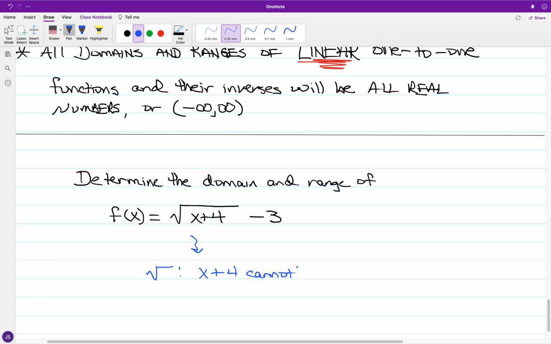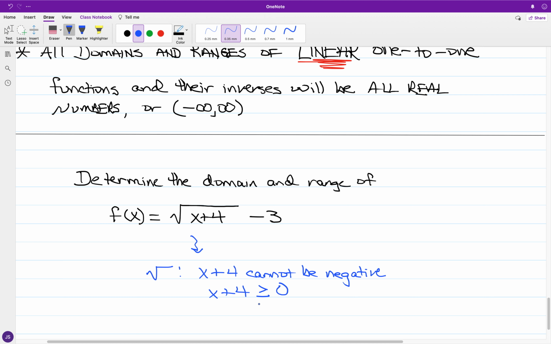This is going to signal that x plus 4 cannot be negative. Now, because this is given in direct terms, x plus 4 can be 0. It can be positive, but it cannot be negative.